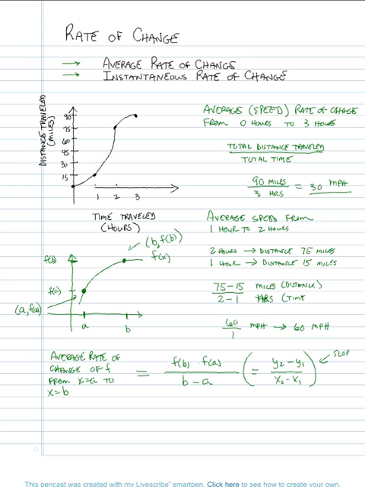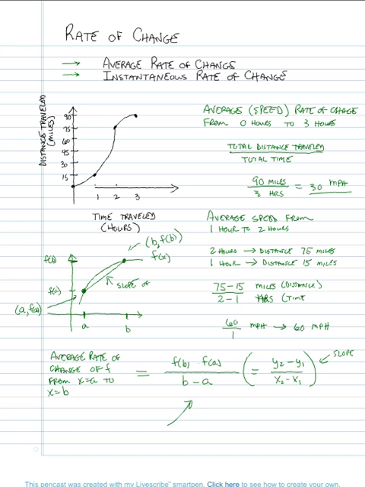So the bottom line here, well, we'll use this formula, but the bottom line is what's happening is we're actually calculating the slope of the line that connects those 2 points. So the average rate of speed is actually the slope of this line.